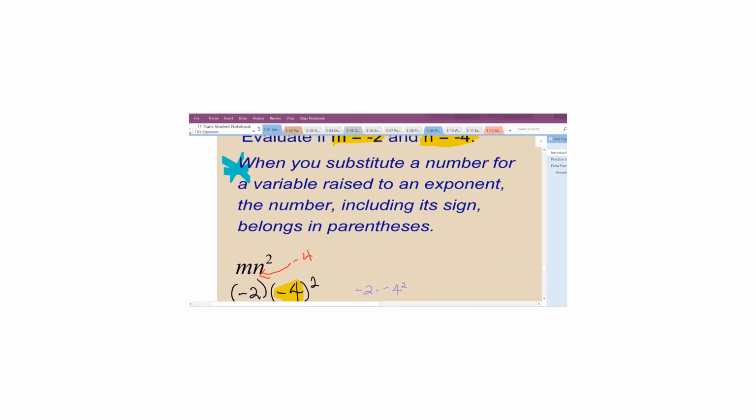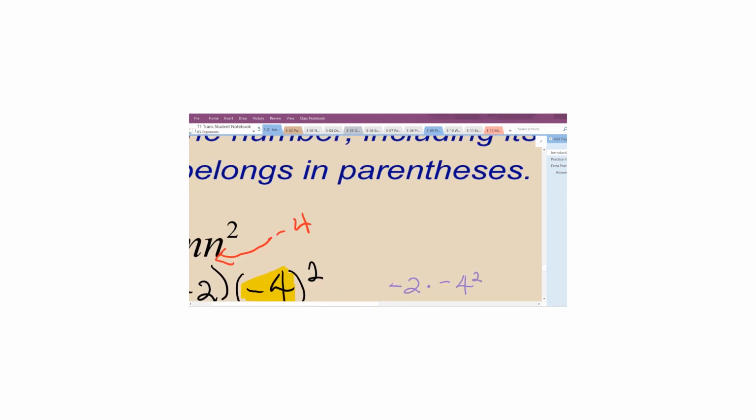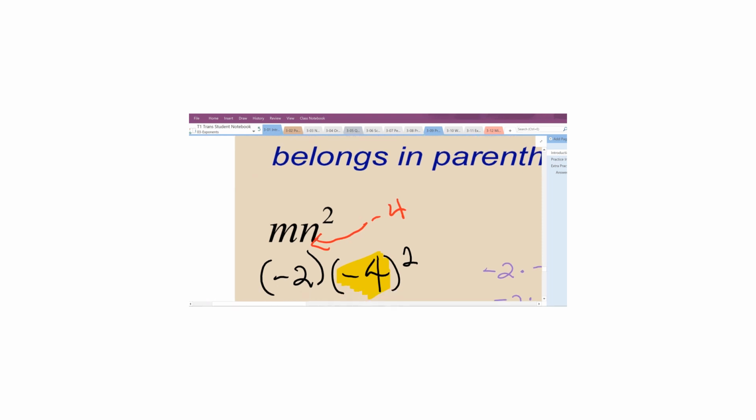So in this first example, we have mn squared, where m is -2 and n is -4. So I'm going to substitute -2 in the place of m and -4 in the place of n. Now here, we have to include the negative and the 4 in parentheses when we're raising it to the second power.